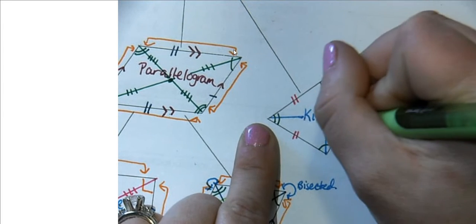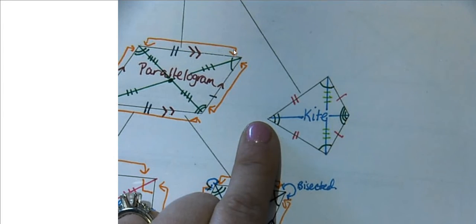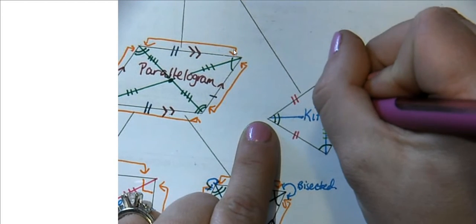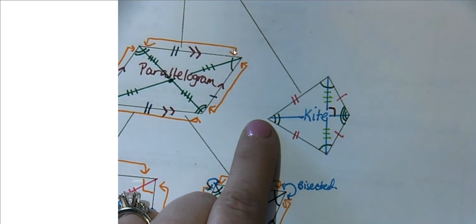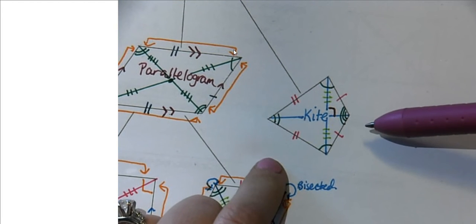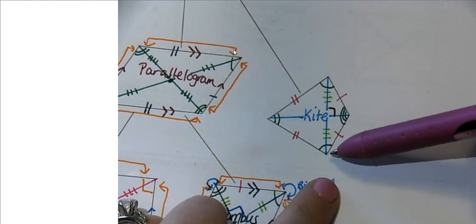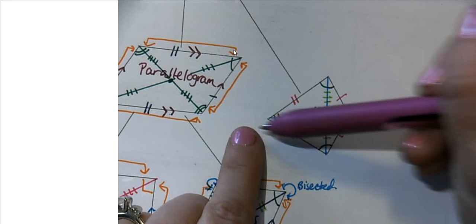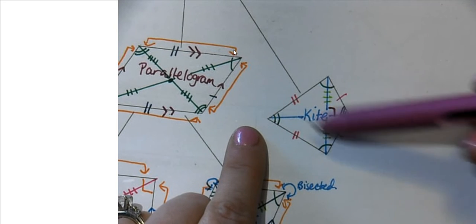So I'm going to put in 3 tick marks. And it bisects that diagonal at a 90-degree angle. So the diagonals are perpendicular in a kite, and it does bisect one of the diagonals, but not both. And the diagonals are not congruent.